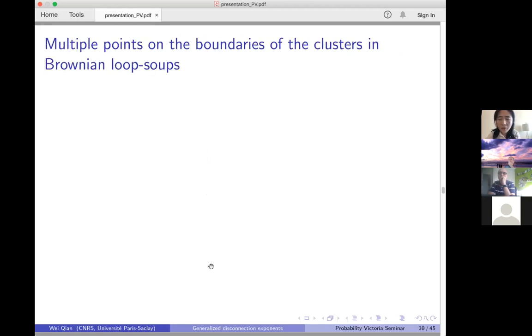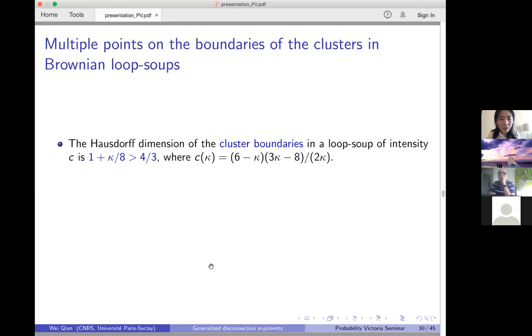But before I go into any details, I also want to show some simple facts that we can first deduce without computation. First, we know the Hausdorff dimension of the cluster boundaries in a loop soup of intensity C. Because this cluster boundary is CLE, it is locally SLE, and so its Hausdorff dimension is known.